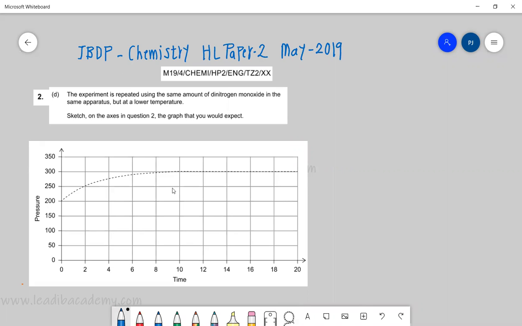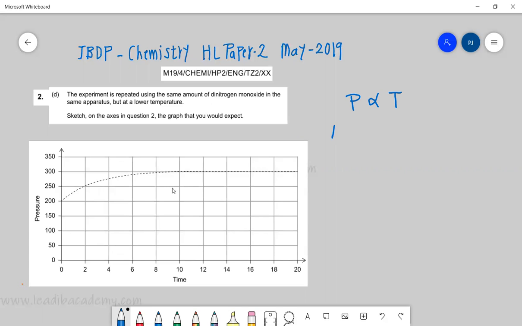Now, we are aware that pressure is a function of temperature. That means there is a direct relationship. Pressure is directly proportional to the absolute temperature. So if we lower this temperature, pressure will get reduced.